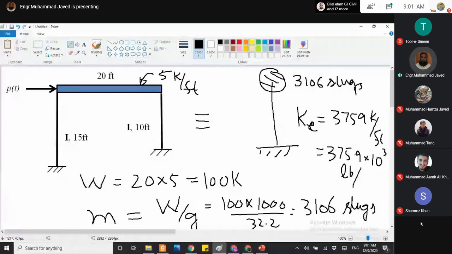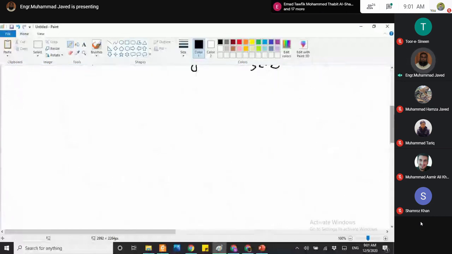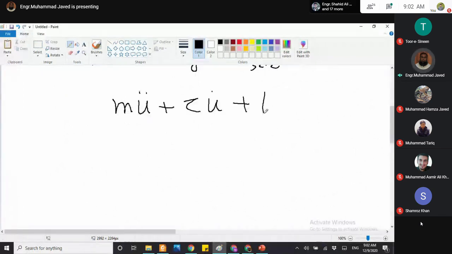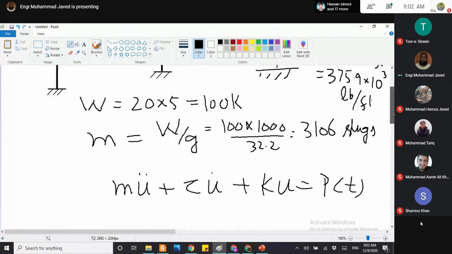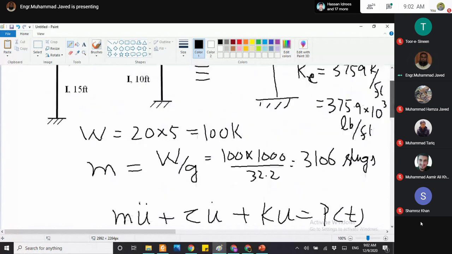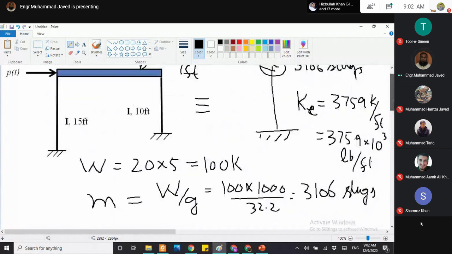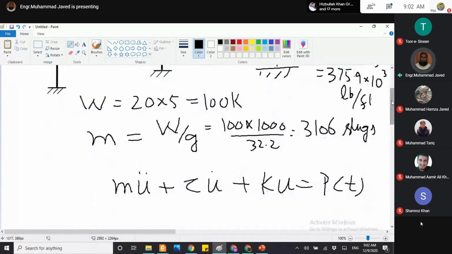Now the equation of motion for a single degree of freedom system is m u double dot plus c u dot plus k u is equal to p of t. Mass is 310.6 slugs.